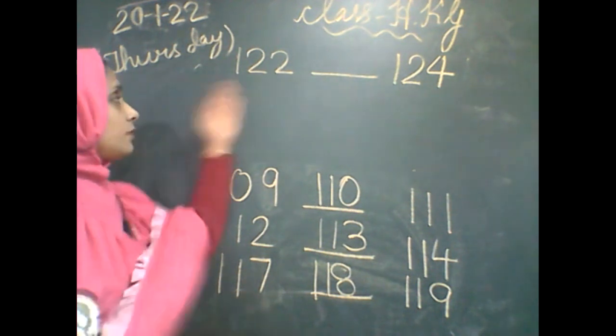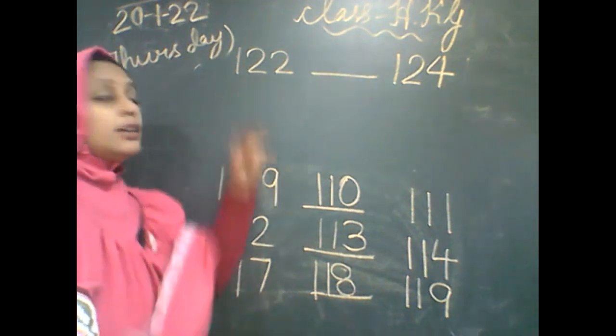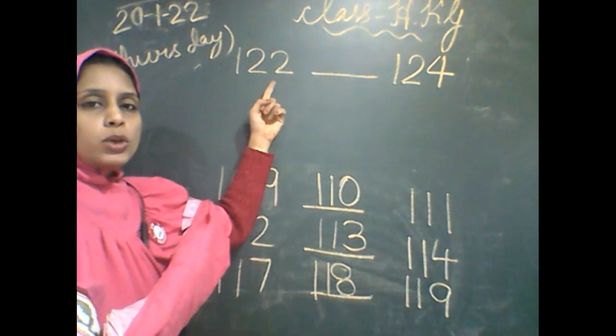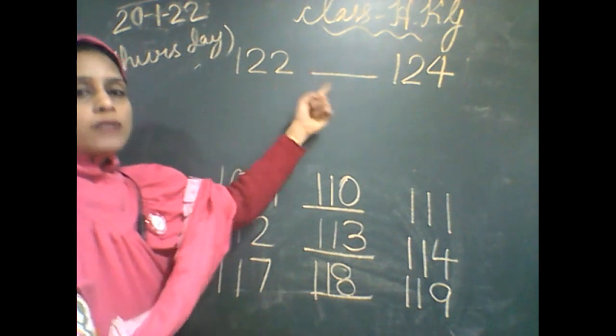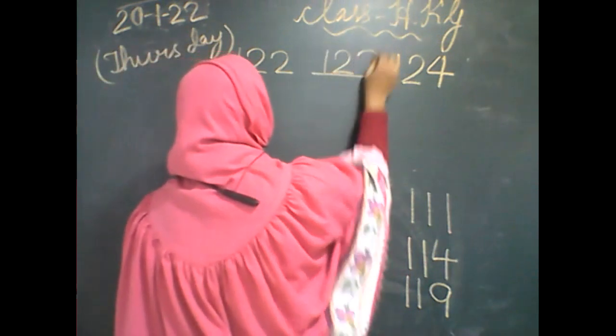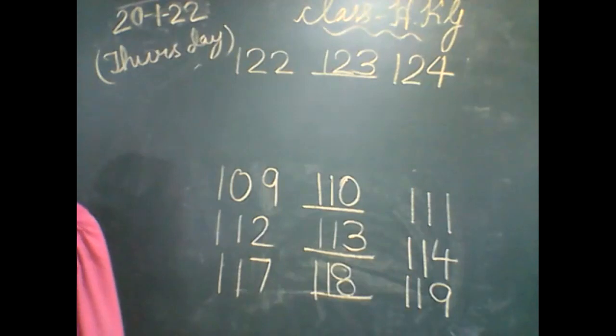Now, come on, say the counting from 121 because 20 wali line hai. 121, 122 and 123. What comes in between 122 and 124? Number 123 comes in between 122 and 124.